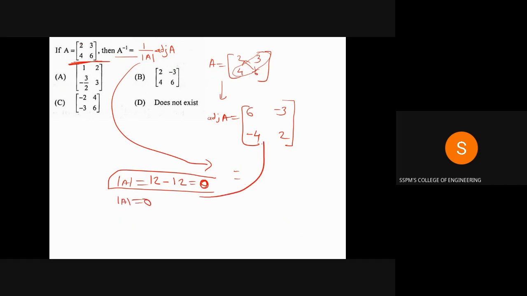So there is no need to calculate adjoint of A. Why? Because when determinant of A is equal to 0, A is not invertible. So the answer will be D. A inverse does not exist.